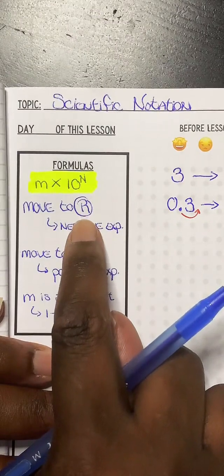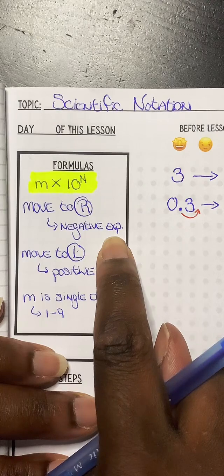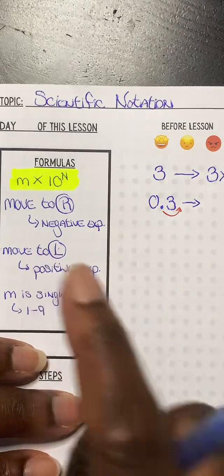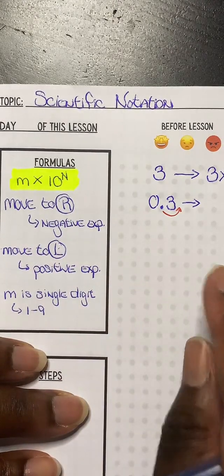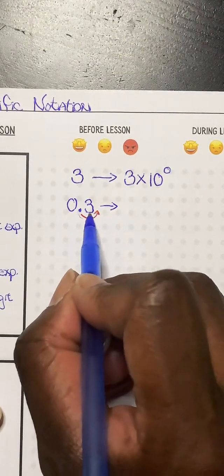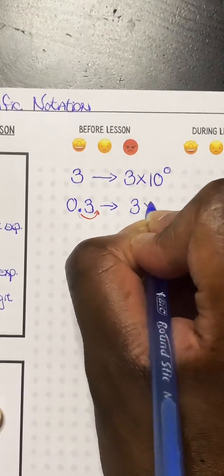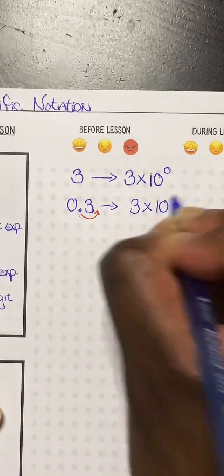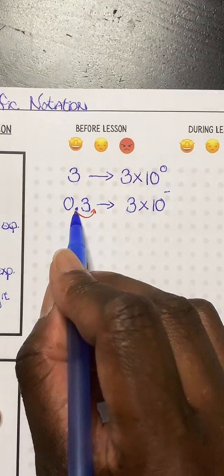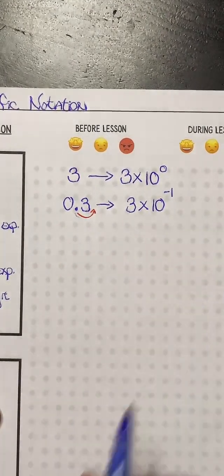So if I'm moving to the right, that means I need a negative exponent, and I'm making a negative exponent with how many times I moved the decimal point. By moving it over, now it's a whole number of 3. So I got my 3 times 10 raised to the negative. And how many times did I move that decimal place over? 1 time.